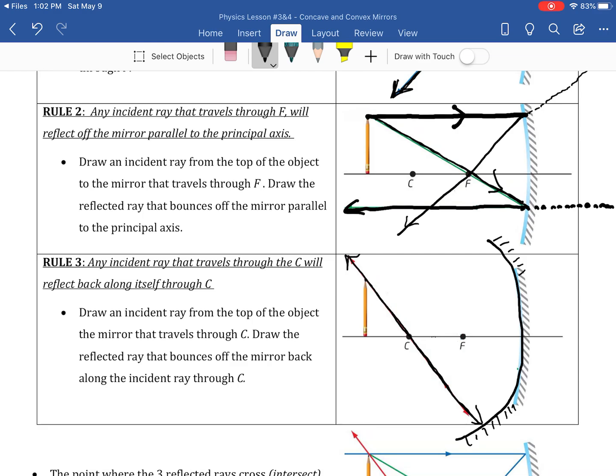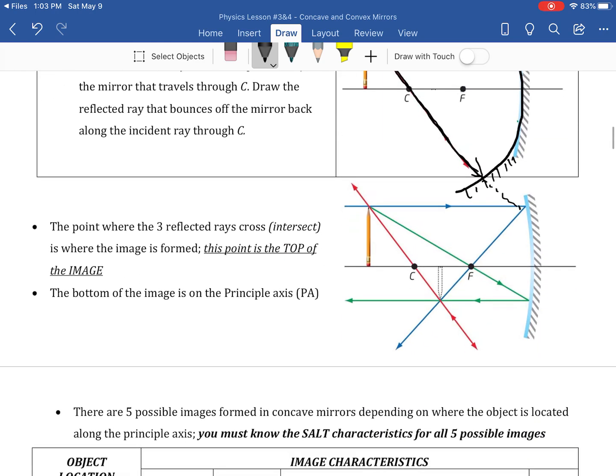Now, the reflective ray can go back because remember, the reflective ray is going back in the same path that it took as the incident ray. Any incident ray that travels through the center of curvature will reflect back on itself, okay?